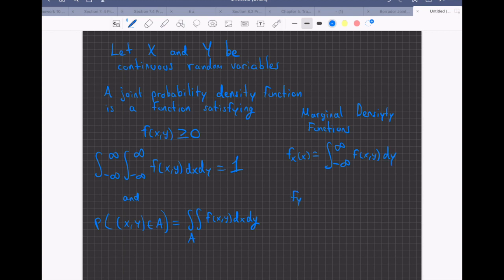And the same for the y. The integral is over all the x values. To compute the marginal for x, in the discrete case we had to add over the y values. Here we have to integrate over the y values, and if you want the marginal density for y, you need to integrate over the x values.